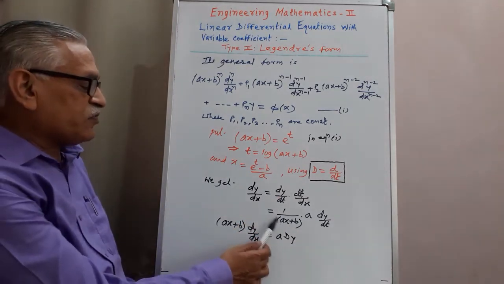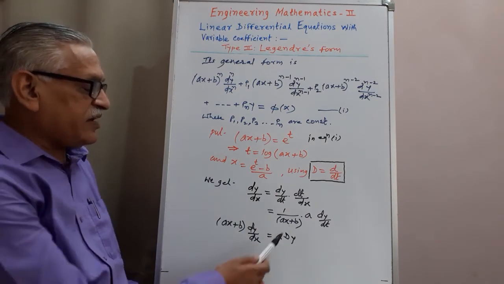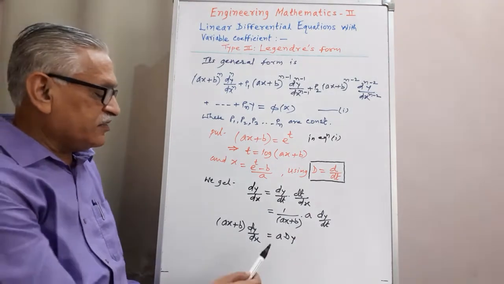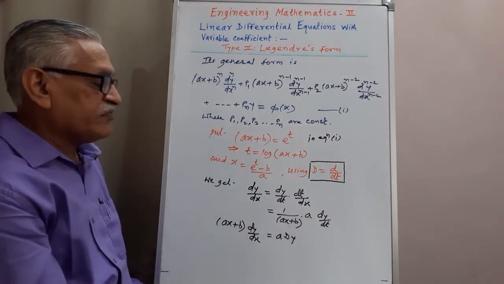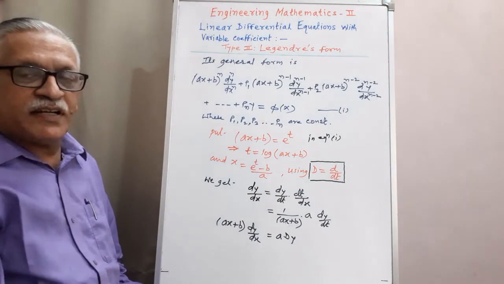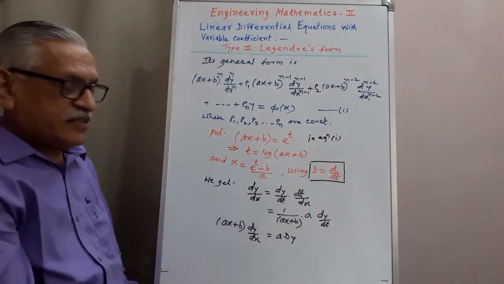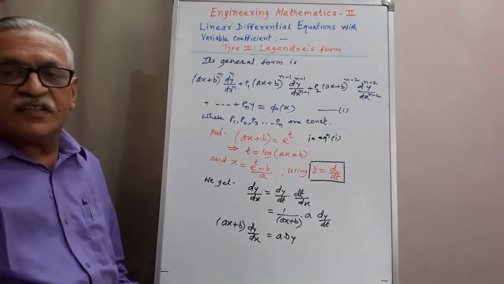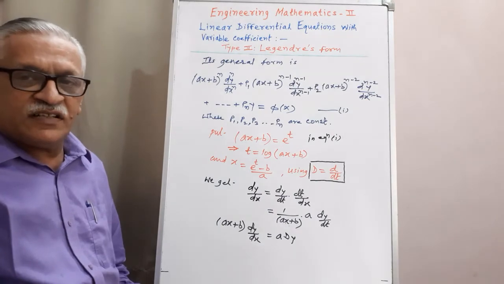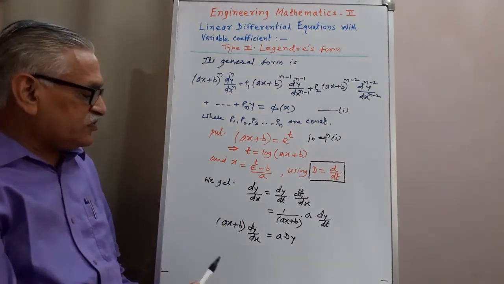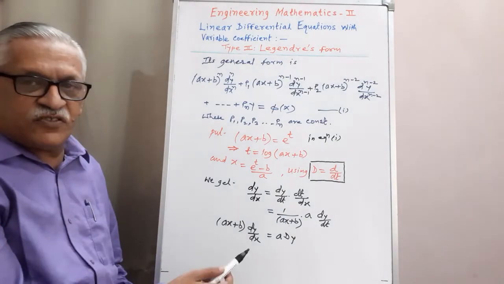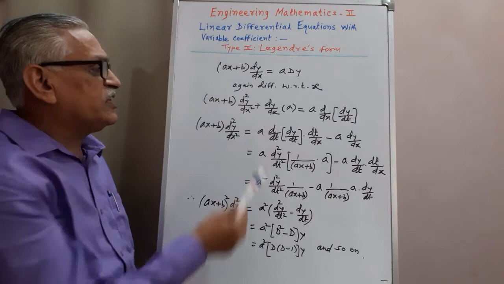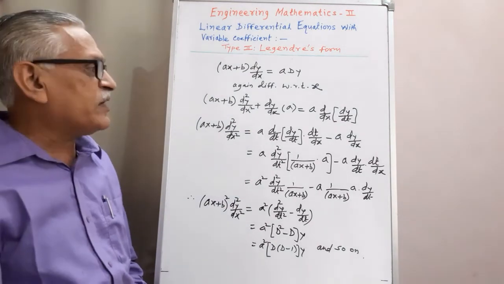Then cross multiplying by ax+b, we get (ax+b) dy/dx = a dy/dt, but that d/dt operator is nothing but capital D, and therefore it becomes a Dy. This is the first result. Again differentiating it, we get the value of (ax+b)^2 into d2y/dx^2.